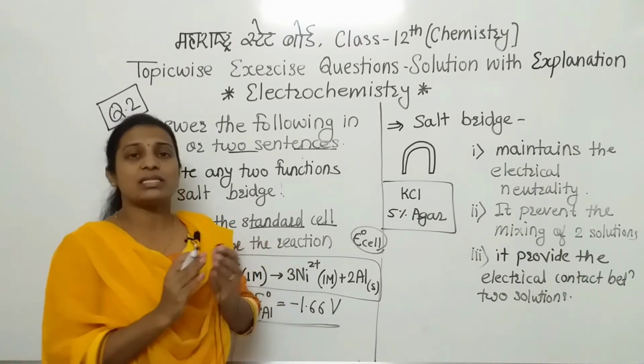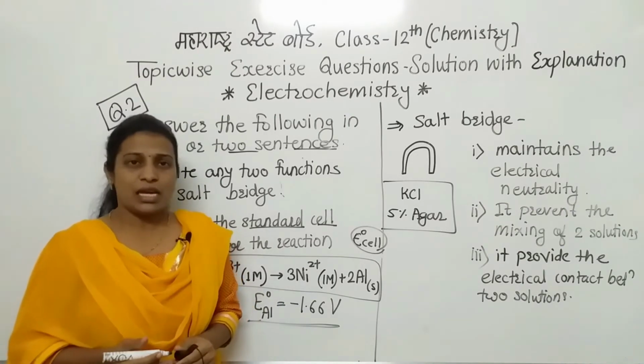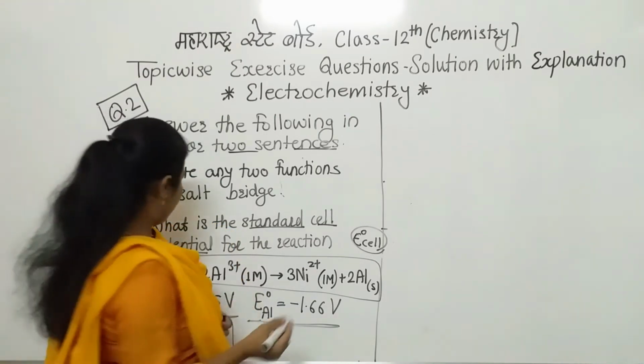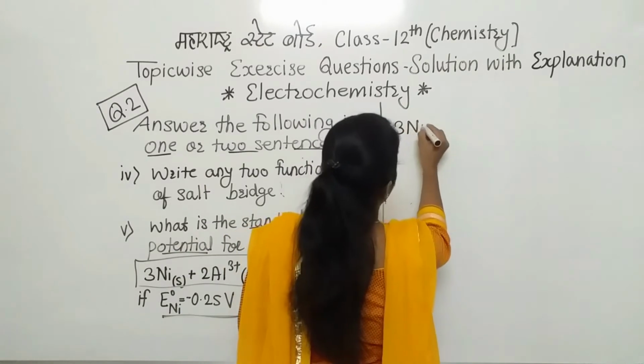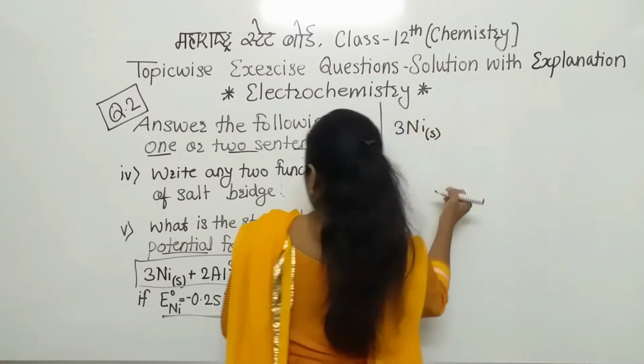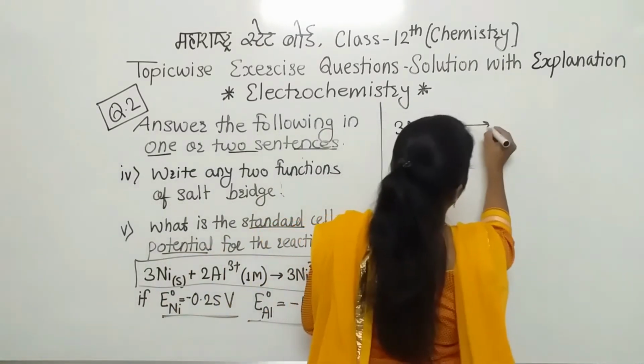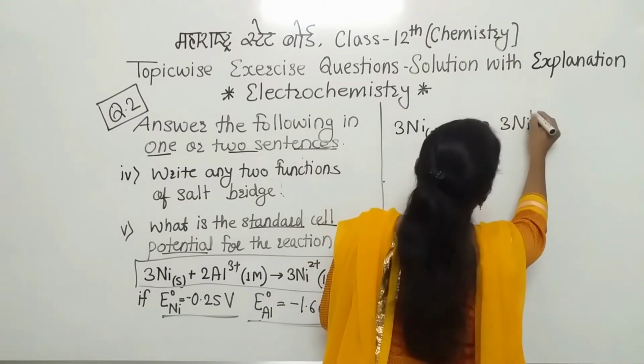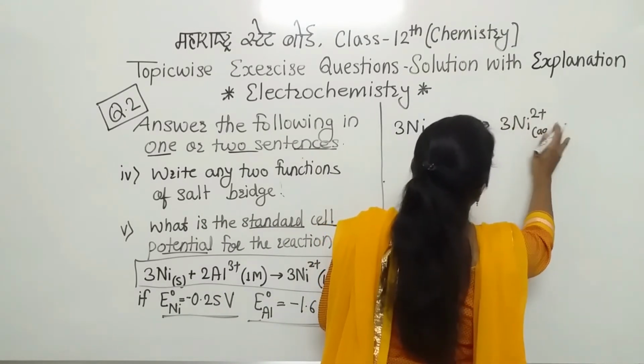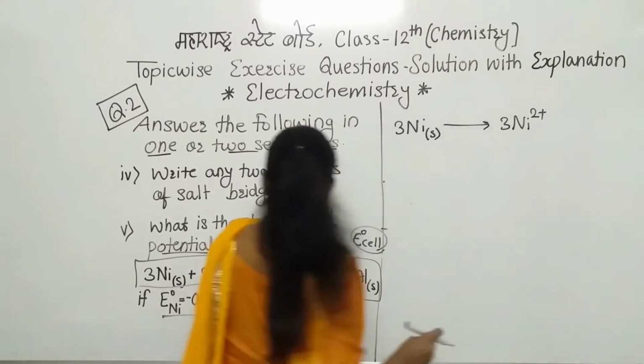So here we see the cell notation, how to represent the galvanic cell. From this reaction, if we consider that 3 nickel, which is present in its solid state, gets converted into 3Ni2 plus, that is of 1 molar concentration.